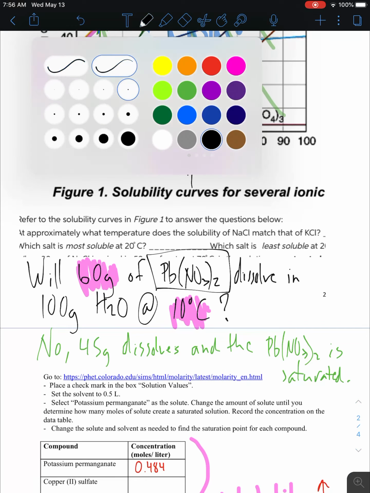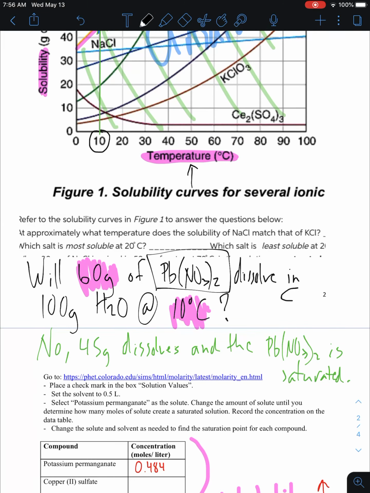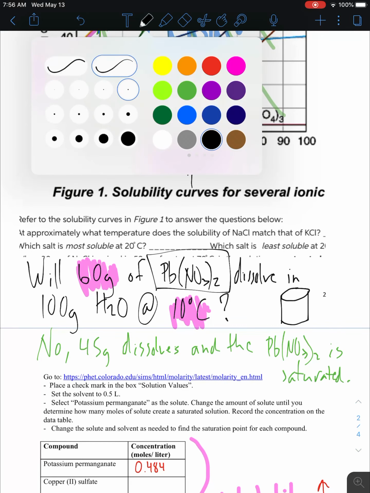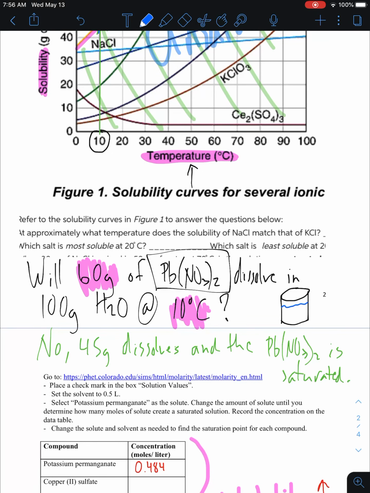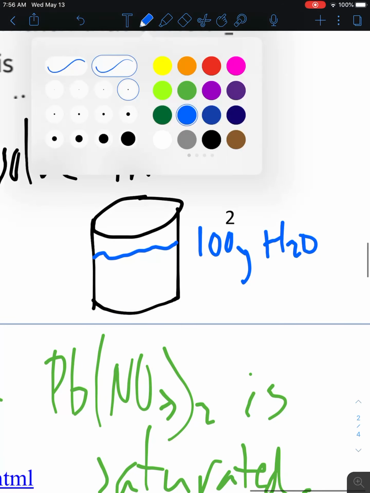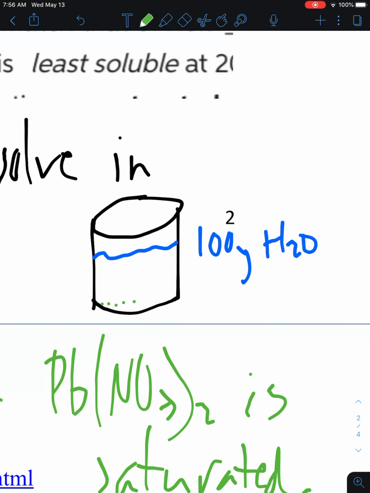Here's a little visual for you. We've got our beaker. We've got our 100 grams of water. Let's call this our lead nitrate. There'd be 15 grams of PbNO3 there.